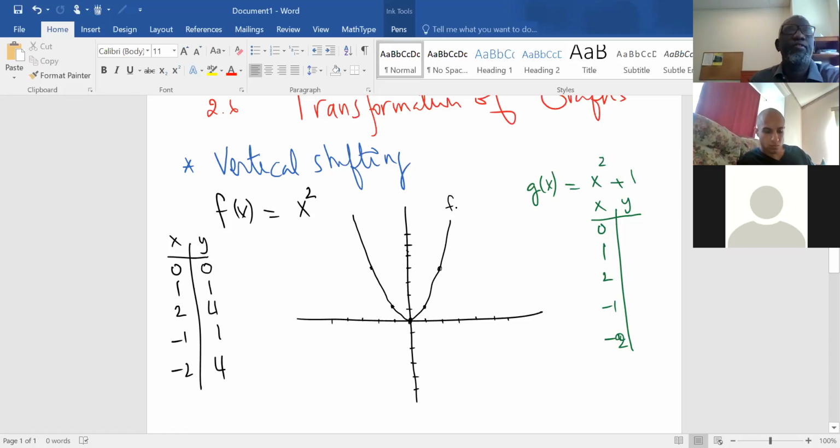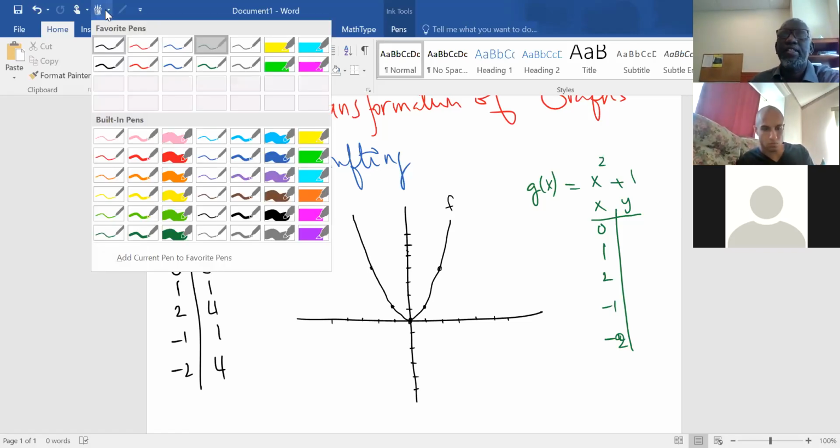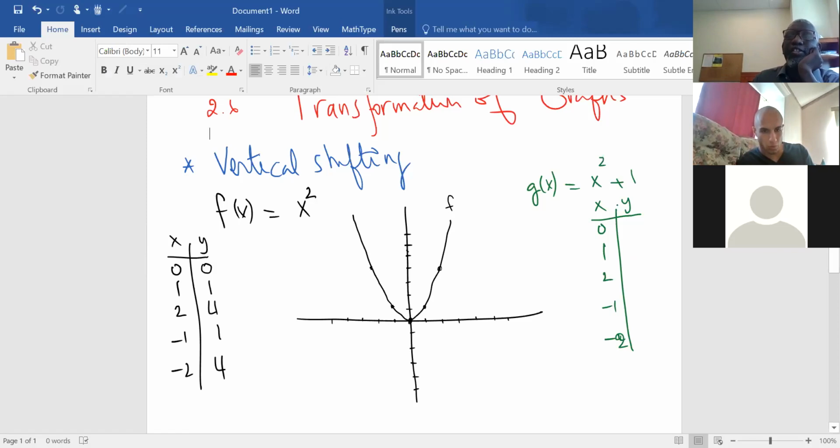Okay, now for g. How much is g of 0 when you plug in 0? 1. G of 1 is 2. G of 2 is 5. G of negative 1 is 2. And g of negative 2 is 5.